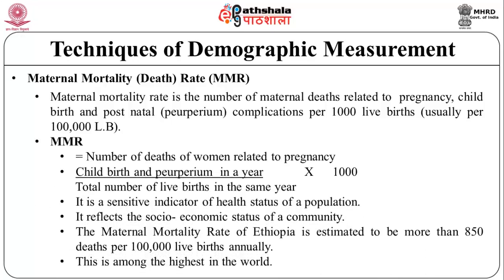This MMR reflects number of deaths of women related to pregnancy, childbirth and postnatal in a year per number of live births in the same year. It is a very sensitive indicator of health status of a population. It reflects the socio-economic status of a community. The maternal mortality rate of Ethiopia is estimated to be more than 850 deaths per 1 lakh live births annually. This is among the highest in the world.